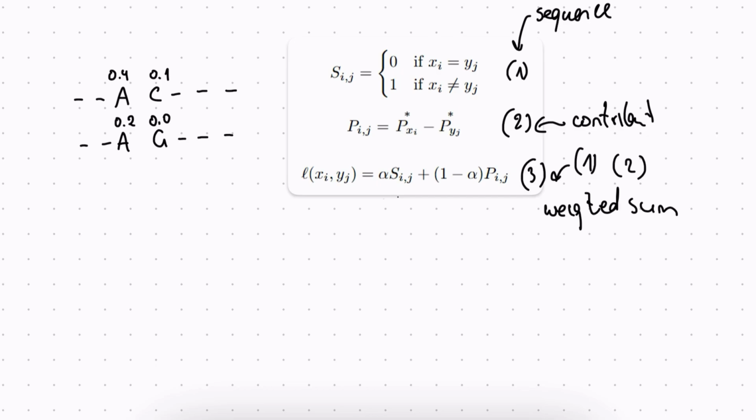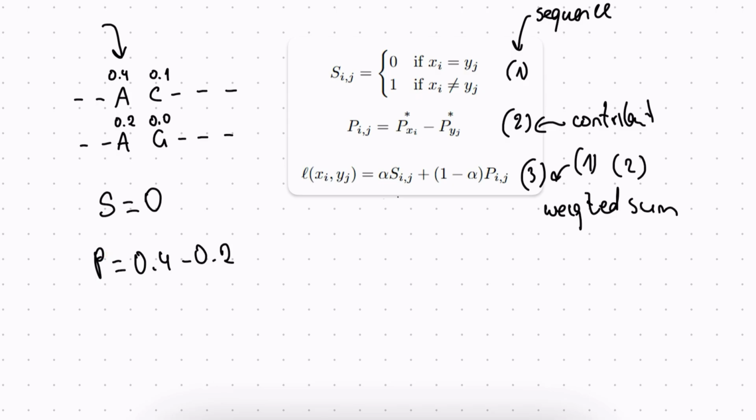We iterate through the individual aligned bases in order to compute the loss for this pair. Let's start from this A and A pair. We see that the bases are the same, therefore we don't penalize the alignment, and the penalty for the sequence-based alignment would be 0. As for the profile-based alignment, we want to find the difference between the two.